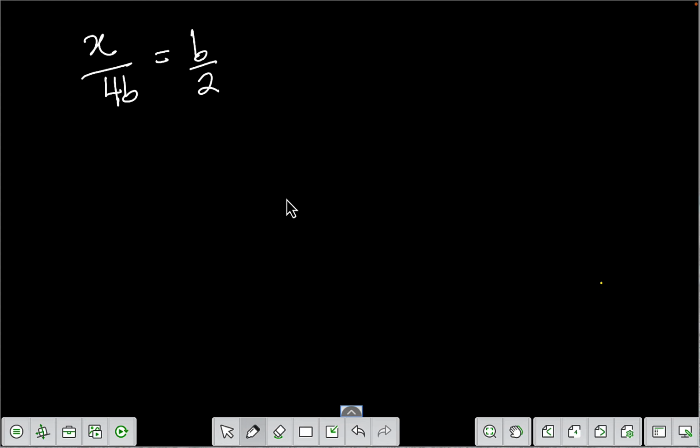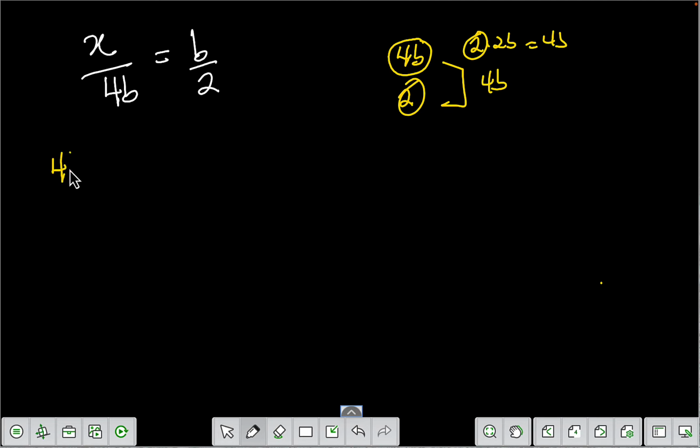Alright, so let's look at this problem. This is pretty simple. Remember I told you that these are divisions and we want to remove the fraction from it, so we multiply by the LCM. So here we have 4b and we have 2. Now you know that 2 can go into 4b, so our LCM is 4b, right? Because we know that 2 times 2b is 4b, and so this 2 is already there, so we multiply both sides by 4b, every term by 4b, right?